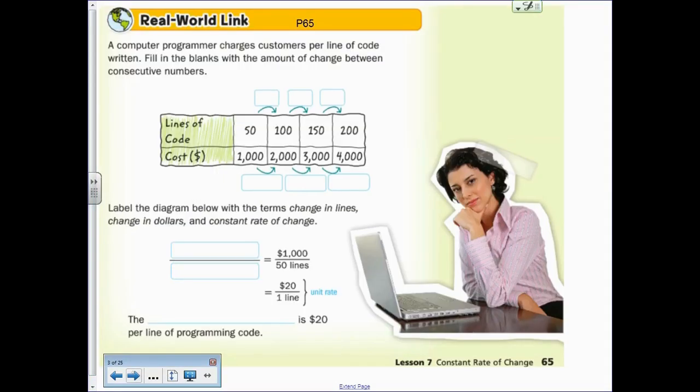A computer programmer charges customers per line of code written. Fill in the blanks with the amount of change between consecutive numbers. So in this line of codes, it says you can buy 50 lines, 100 lines, 150, and 200 lines. You can see that that is going up by 50.